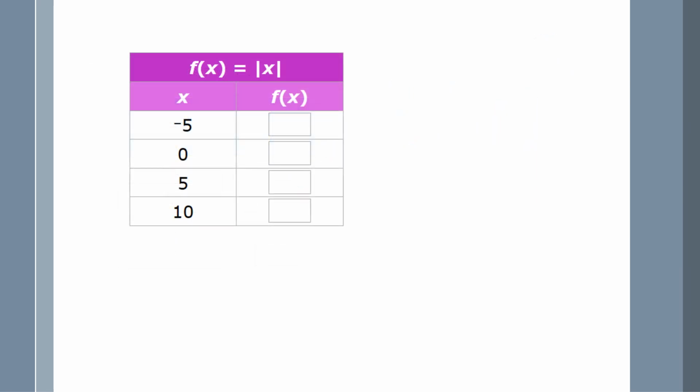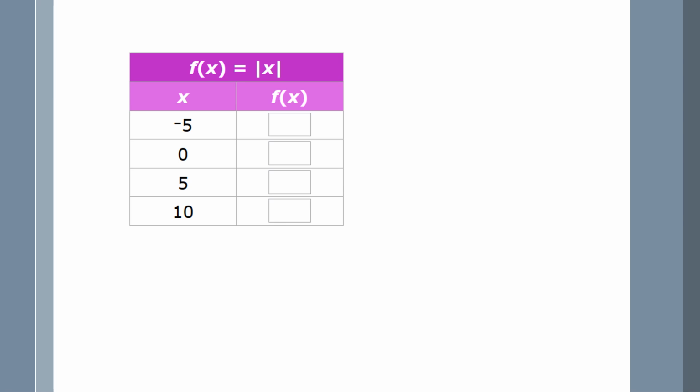Alright, y'all. Let's talk about the absolute value situation. Now I know it's been ages since you've seen something like this. And you're like, Mr. Howard, I don't even know how to even do that in the calculator. Well, the good news is you don't have to. You simply just have to know that whatever is in the absolute value is going to be positive unless you got some type of negative sign going on.